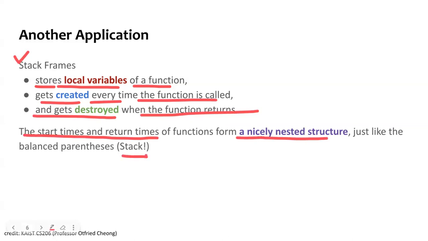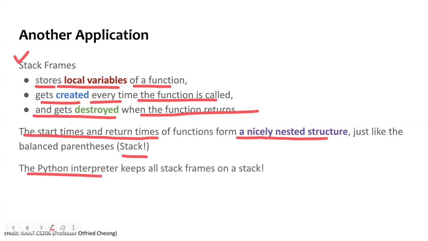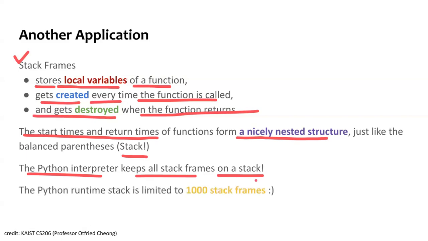The Python interpreter keeps all stack frames on a stack. So every time you call a function, the local variables of the function are stored in a separate stack frame. And the Python runtime stack is limited to 1,000 frames.